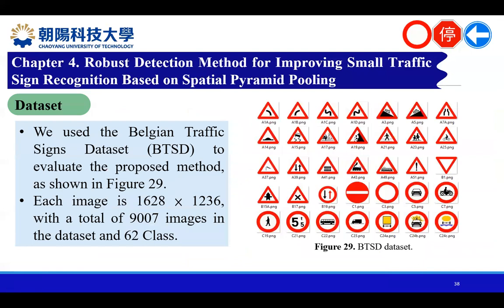For the dataset, we use the Bayesian traffic sign dataset to evaluate the proposed method. We can see the PTSD dataset in figure 29. Its image size is 1,628 by 1,236, with a total of 9,007 images in the dataset and 62 classes.